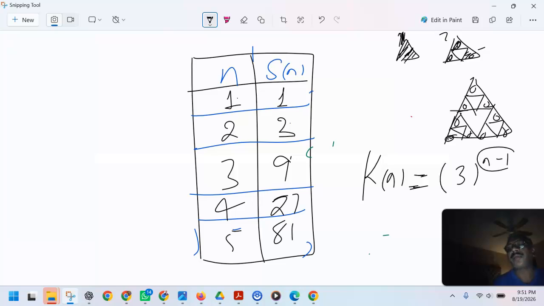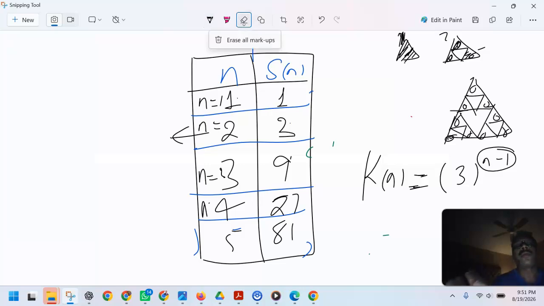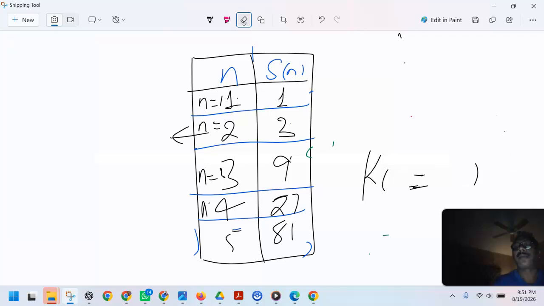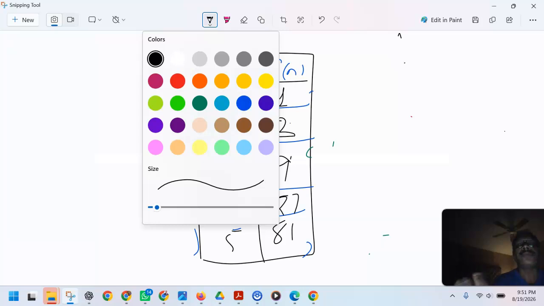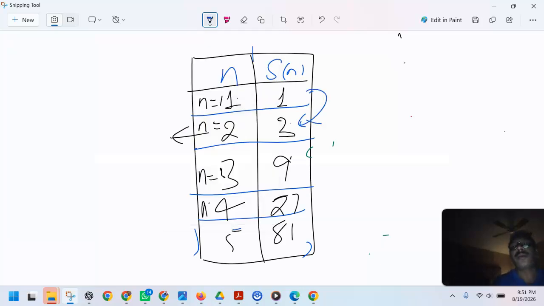Now this looks crazy, right? This is when n is 1, this is when n is 2, this is when n is 3. Let's write. From here to here, it means this step.